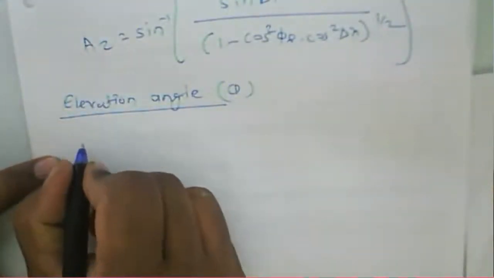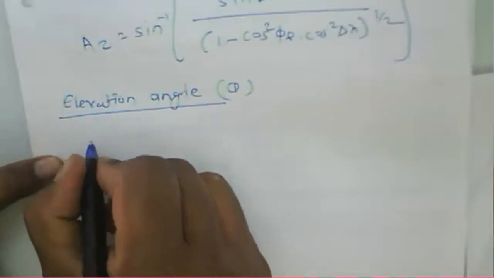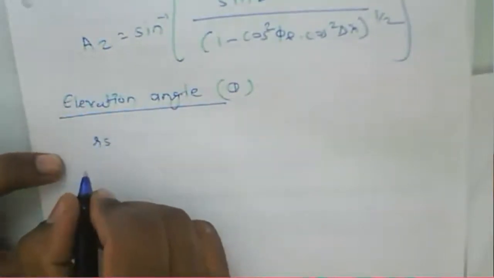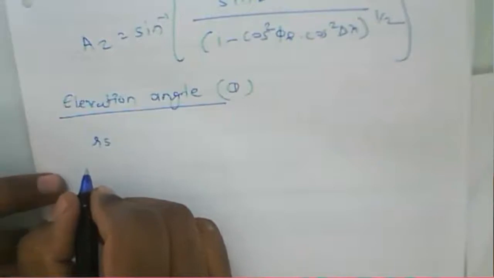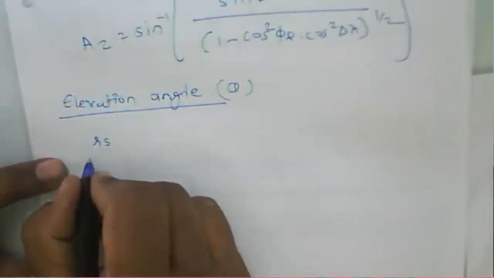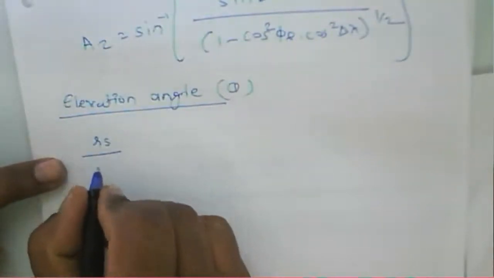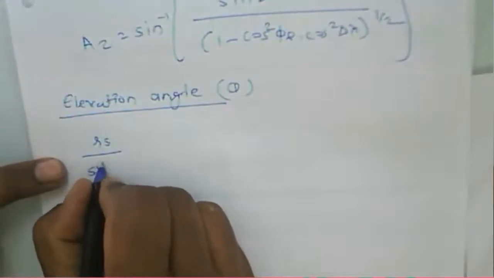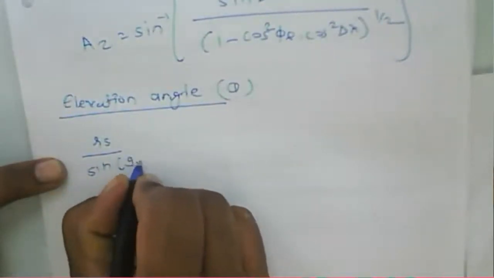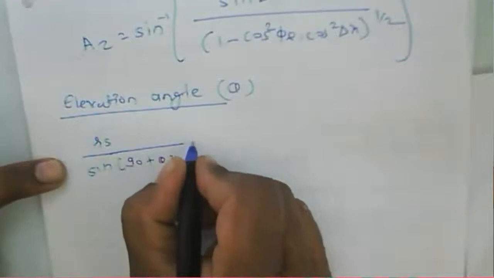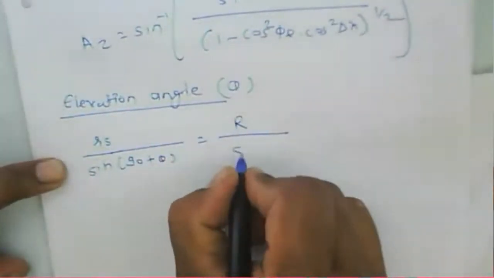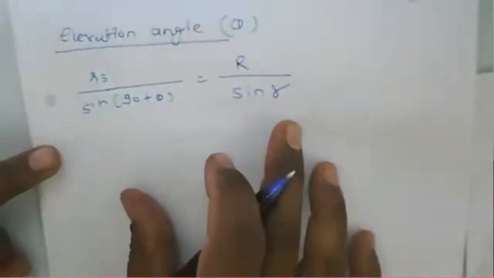So that angle of elevation can be obtained using the spherical angle diagram, and that will be obtained through the law of sine here. So Rs divided by sine of 90 plus theta is equal to R divided by sine of gamma here.